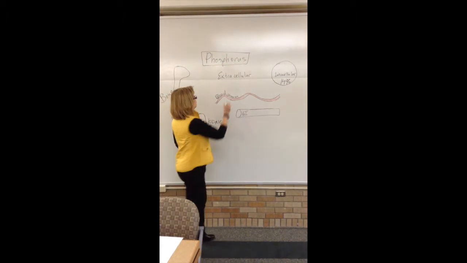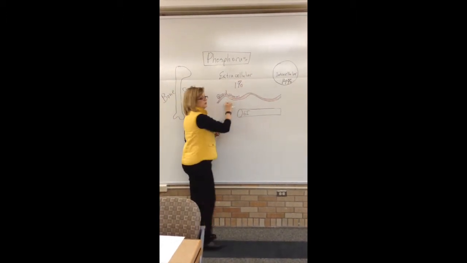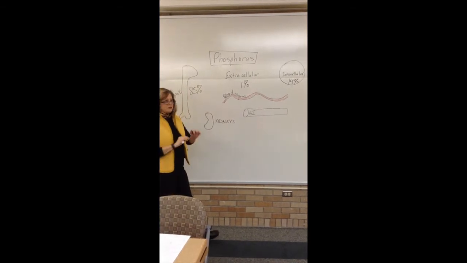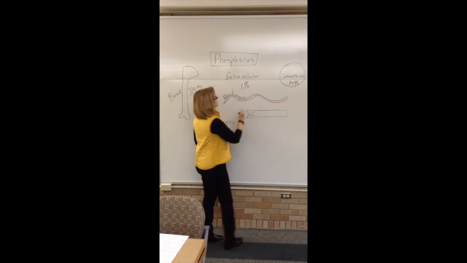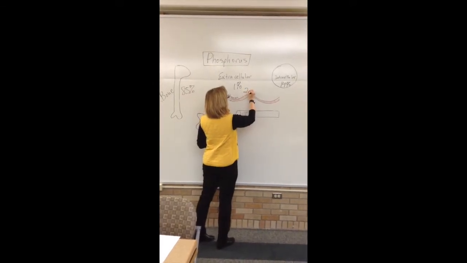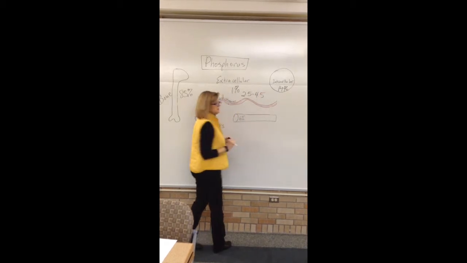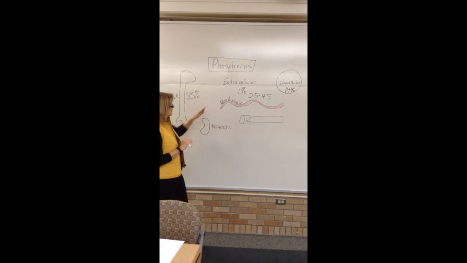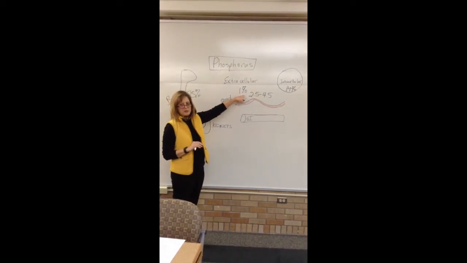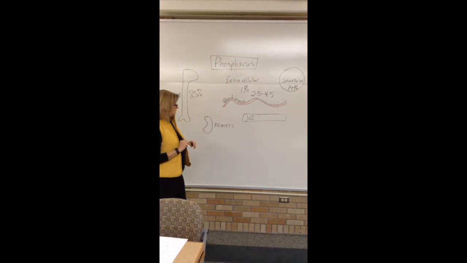And then the 1% that's left is what we find in our extracellular space, and that's what influences our bloodstream amounts. So our normal range for phosphorus is approximately 2.5 to 4.5. It is low because of the low amount that's available to be in our bloodstream, but that's what we have to regulate and keep phosphorus at.